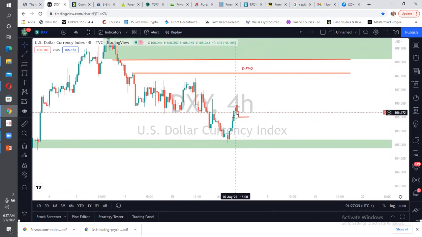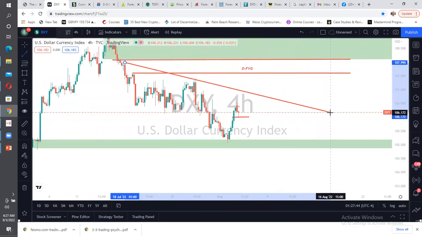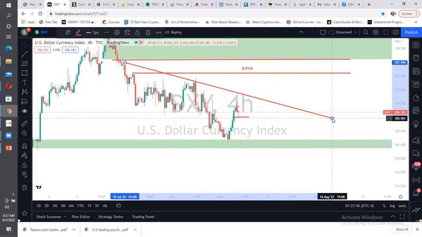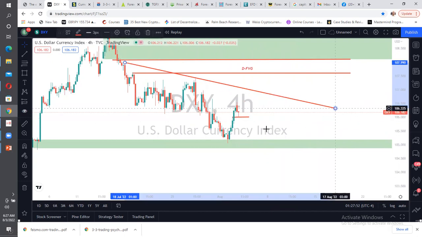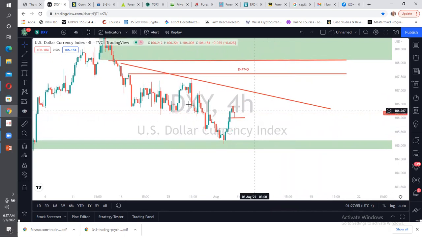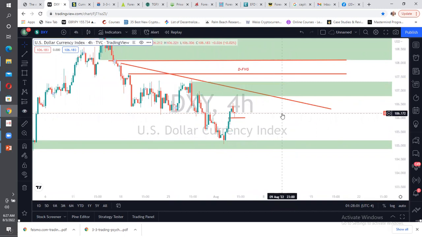All right, we'll have FVG here on 4 hours, 4 hours FVG, and also we'll have this trend line liquidity here. So leave it this way. Okay, and also we'll have this other block here. Good.